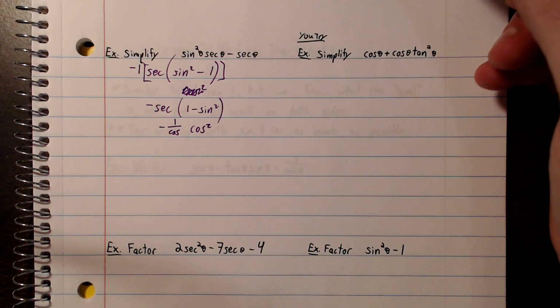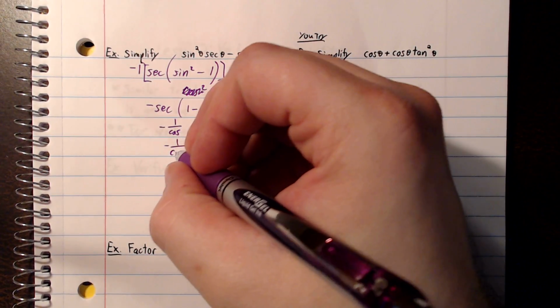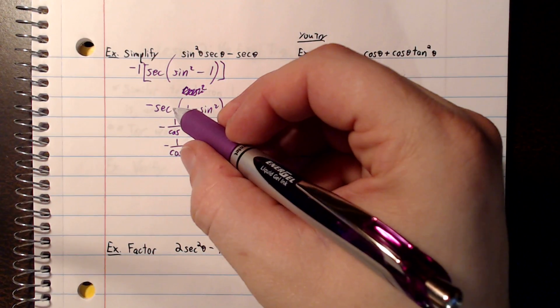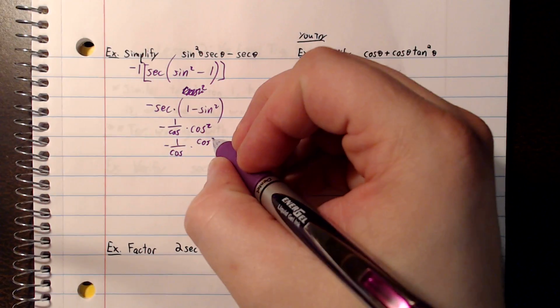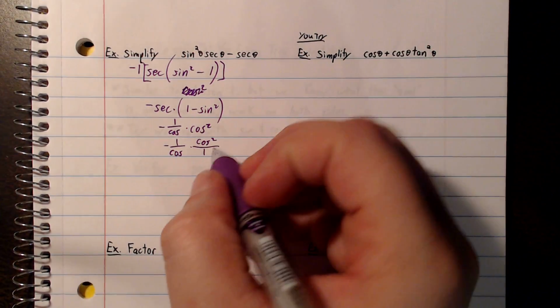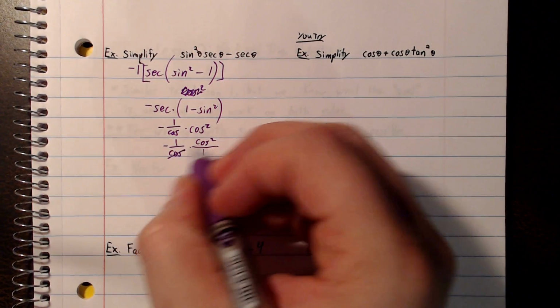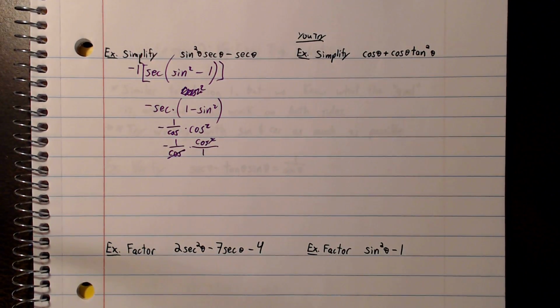Okay, so we're actually in pretty good shape, because we're multiplying here, right? This is what's been happening all along, and we have cosine squared over 1, and I can start to see that I can get rid of some stuff.